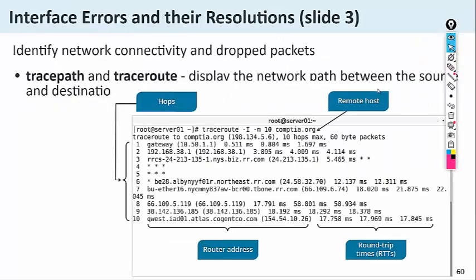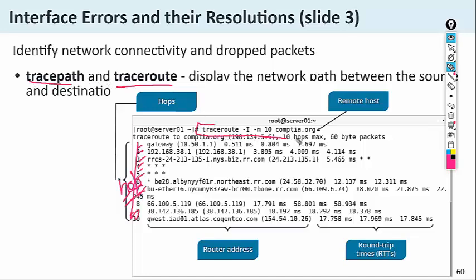Another command is tracepath or traceroute, used for tracing the path through hops 1, 2, 3, 4, 5, 6, 7 and however many are used in between. You can check by using the traceroute command or the tracepath command.